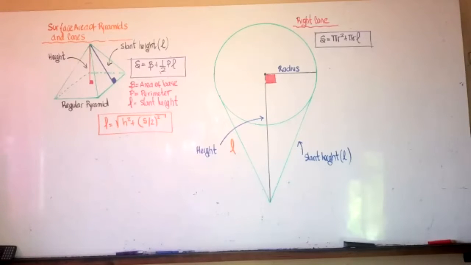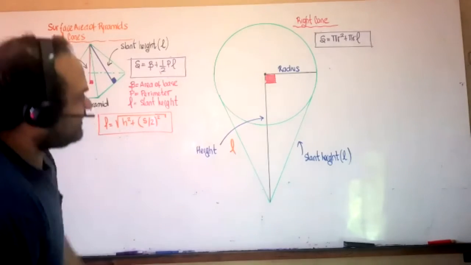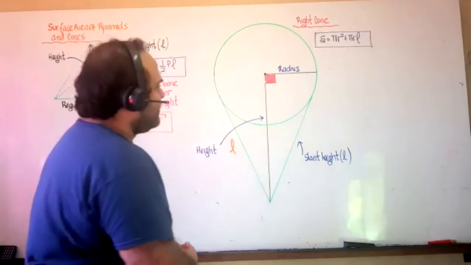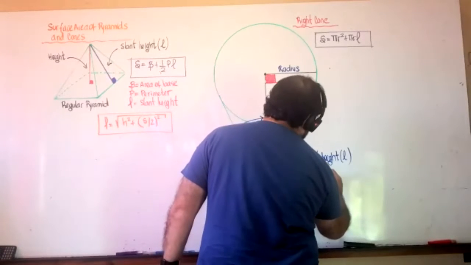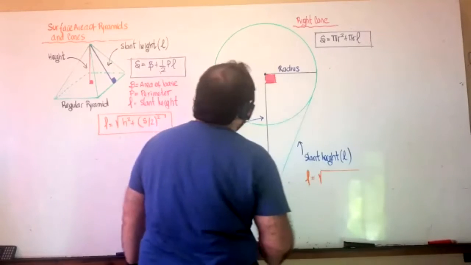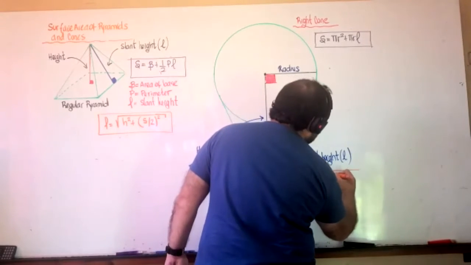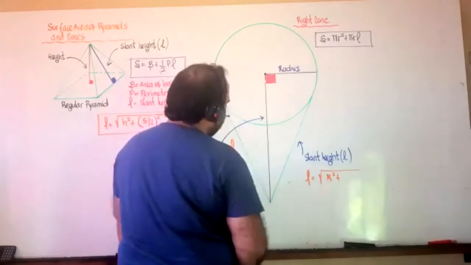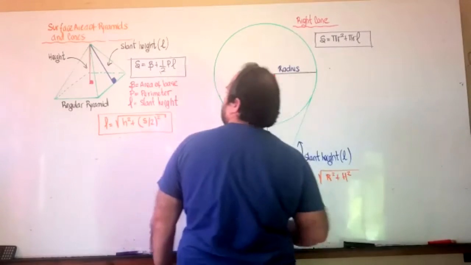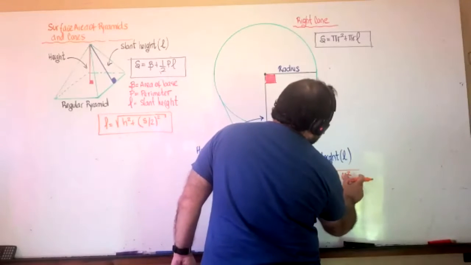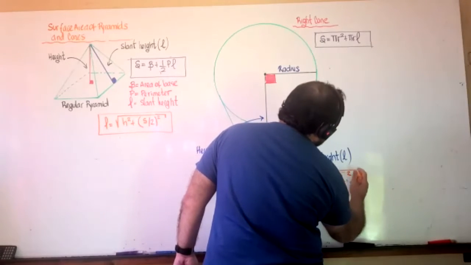Once again, we have a right triangle. Calculating the slant height using a right cone, in this case, will be the square root of the radius to the second power plus the height of the cone to the second power.